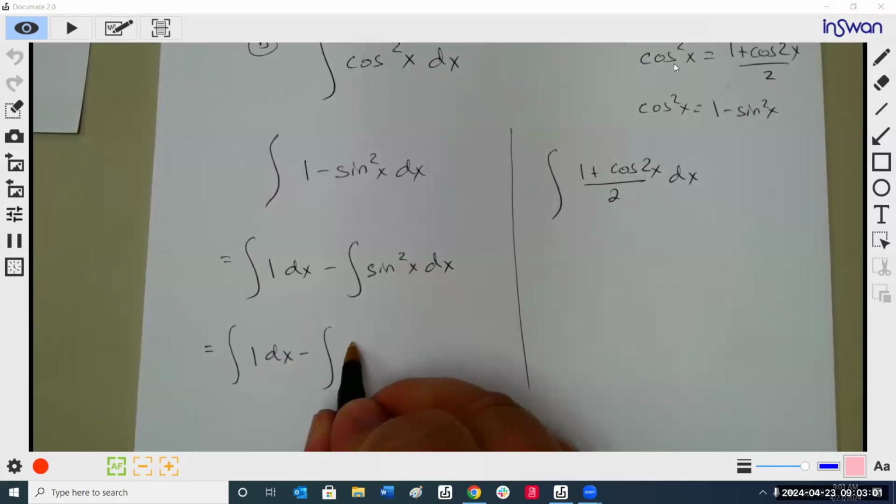Sine squared x is 1 minus cosine 2x over 2.